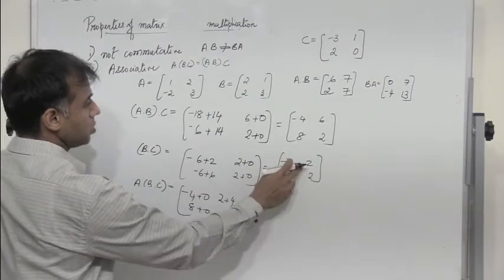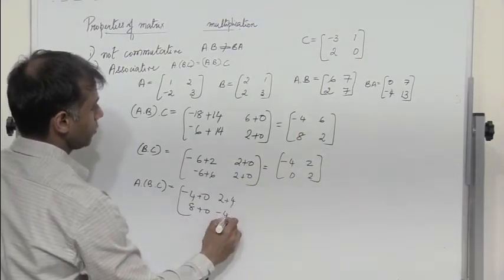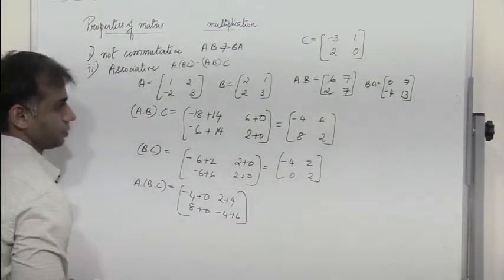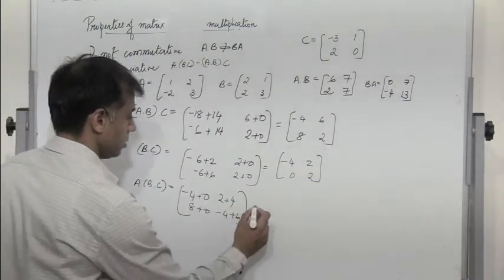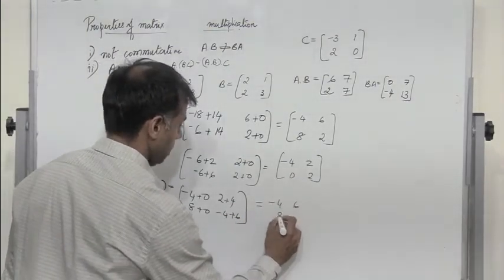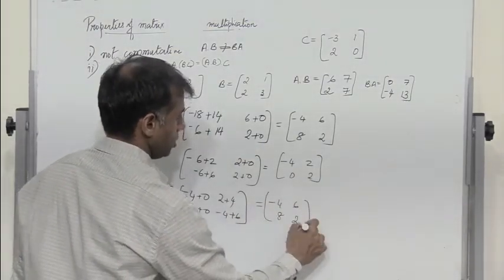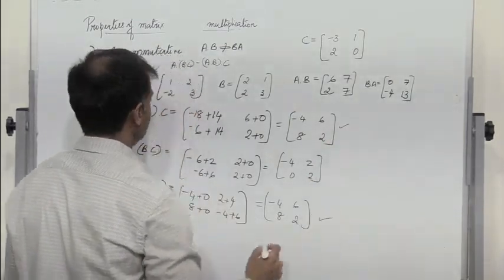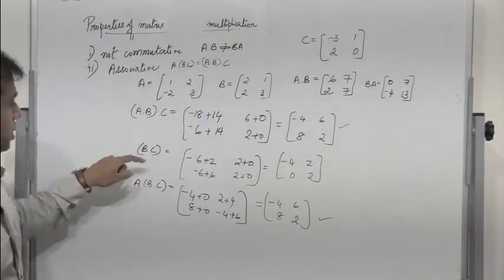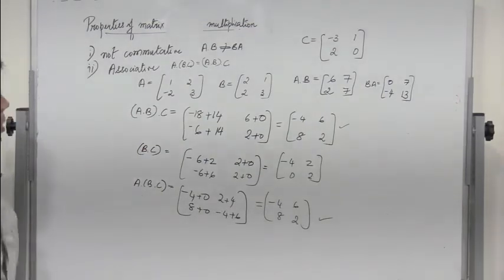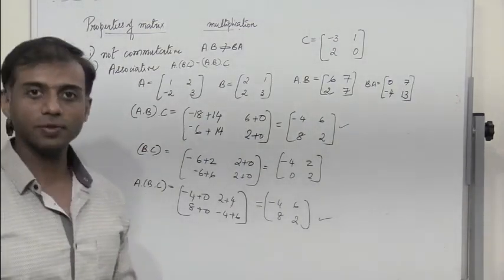And then I have minus 2 into 2, which is minus 4 plus 6. So we get minus 4, 6, 8 and 2. So these two matrices are equal. So (A into B) into C is equal to A into (B into C). So matrix multiplication is definitely associative.